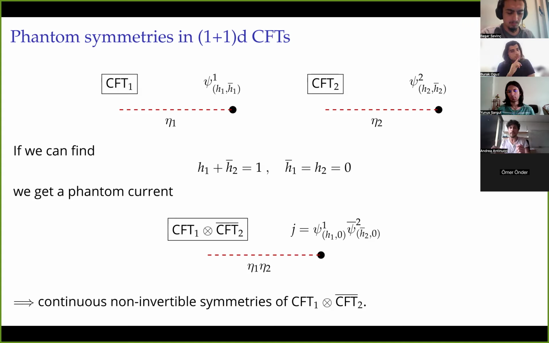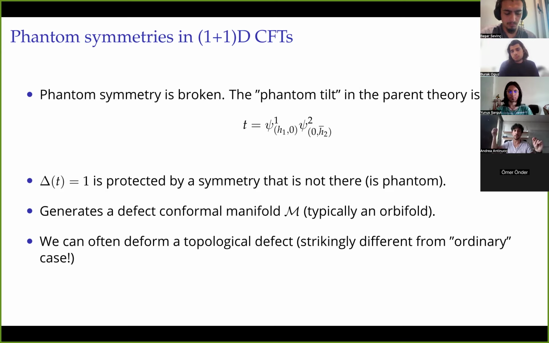So to describe some interesting conformal manifold, you need to start already from some interesting defect. While in our construction, we can start from a totally boring defect that might be the identity defect or some topological defect, and we can get some interesting conformal defect, just by this construction. Okay.